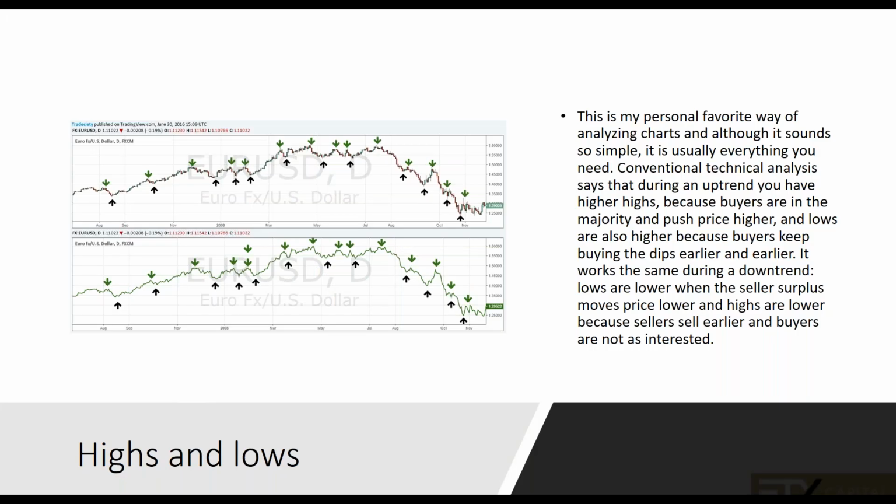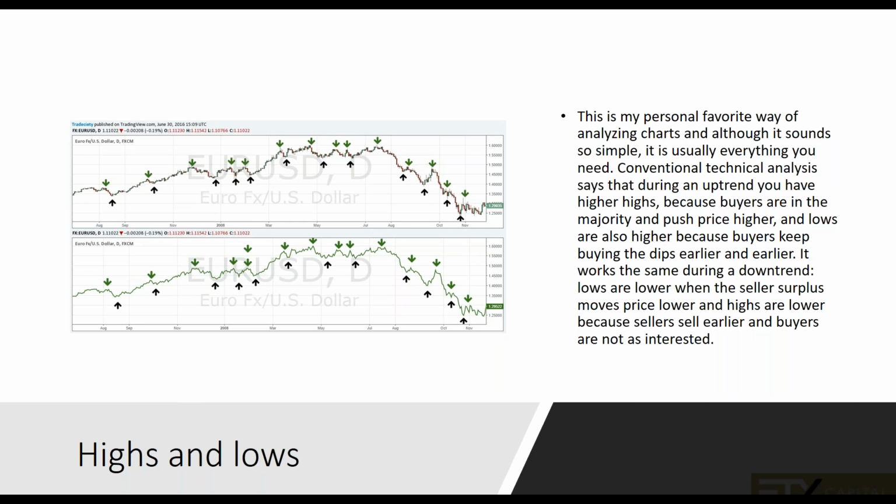But there's a much better, more accurate way to identify trends, and that is using highs and lows. This is one of my personal favorites because I like analyzing charts. And although it sounds simple, it's usually everything you need. Conventional technical analysis says that during an uptrend, you have higher highs because the buyers are in the majority and push prices higher.